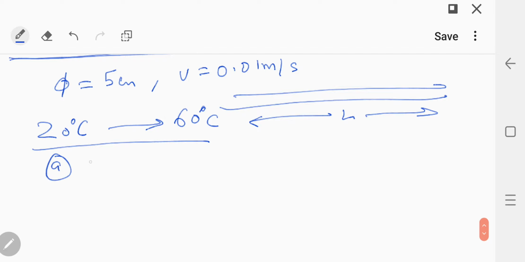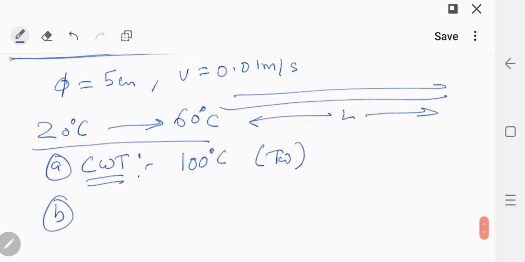First condition is the constant wall temperature condition, that is, steam is condensed on the outer surface of the pipe so as to keep the surface temperature at 100 degrees Celsius, that is TW is 100 degree.